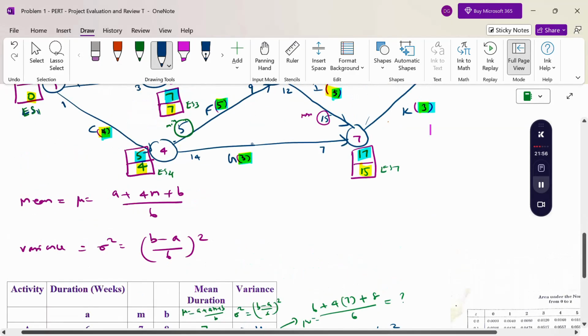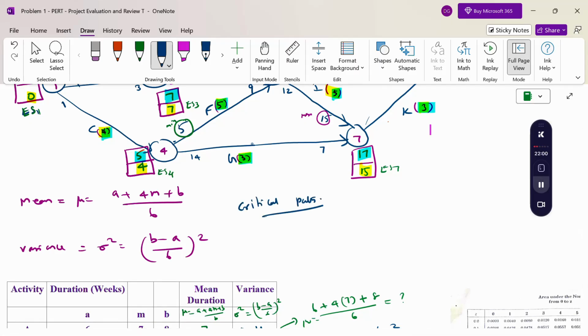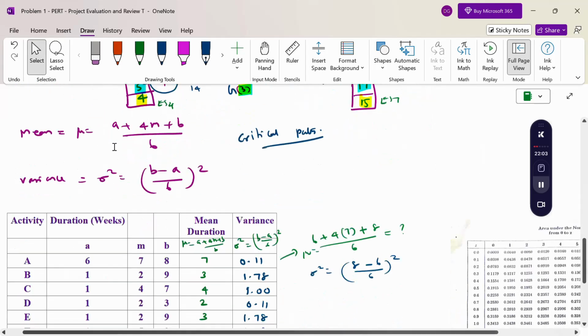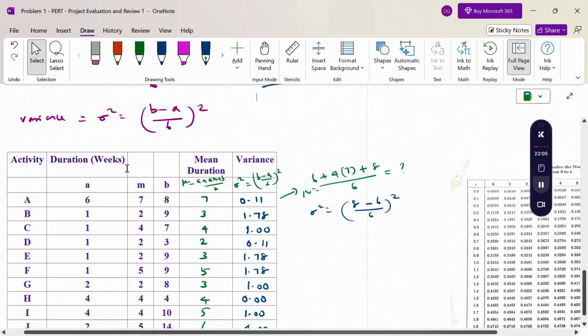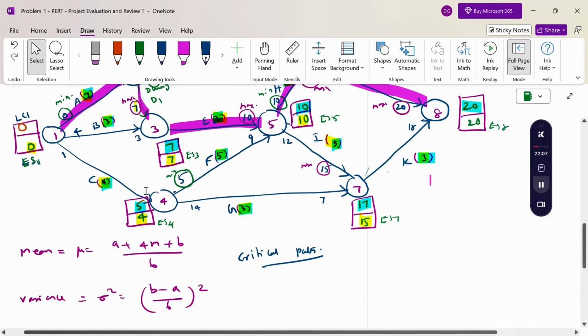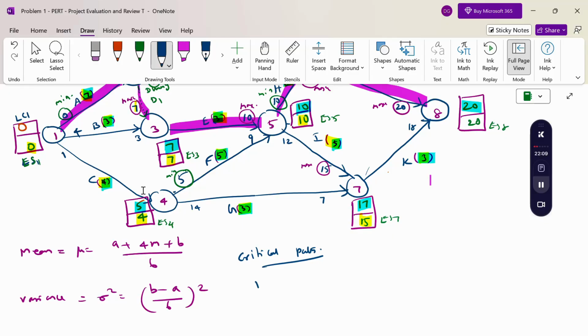So the critical path is 1 to 2, and then 2 to 3, then 3 to 5, and then 5 to 6, 6 to 8.